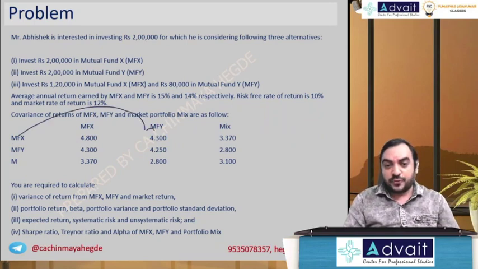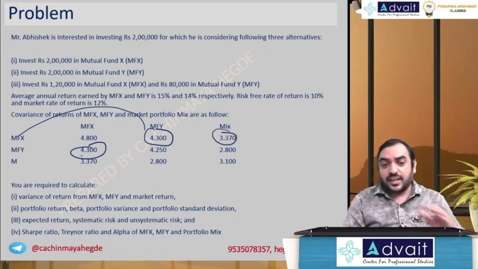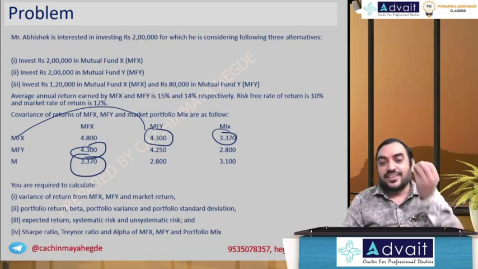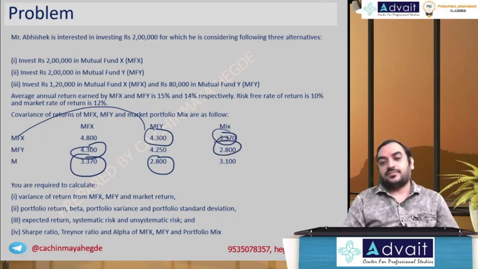X and market is 3.37. Market and X is also 3.37. Again, their repetition is just to confuse you. Same thing. Y with market is 2.8 and market with Y is also 2.8.